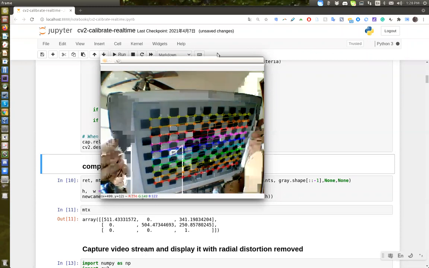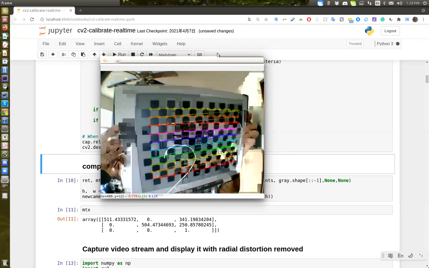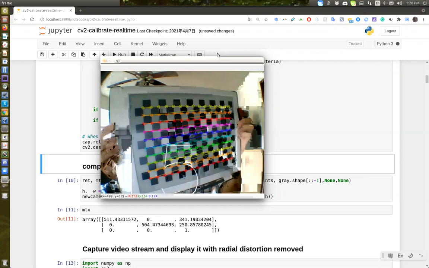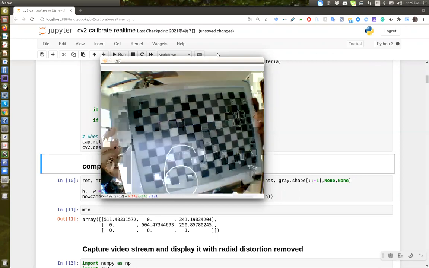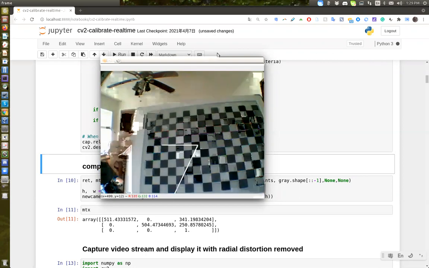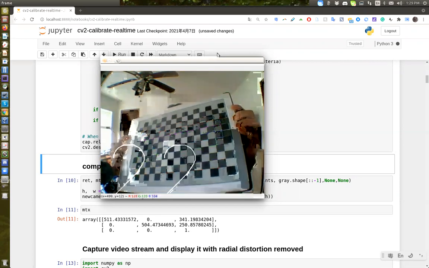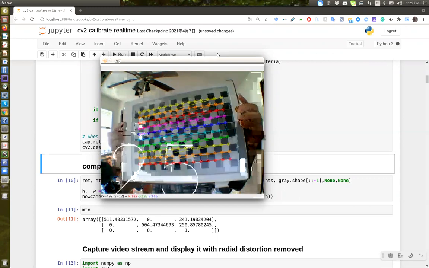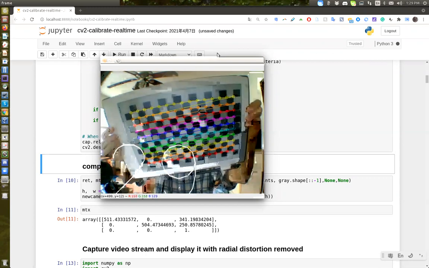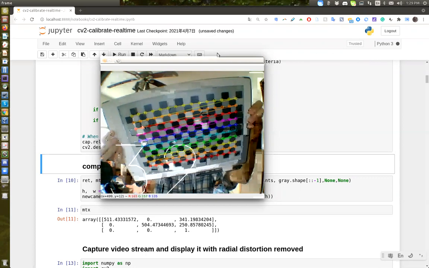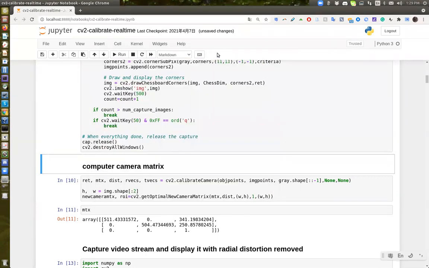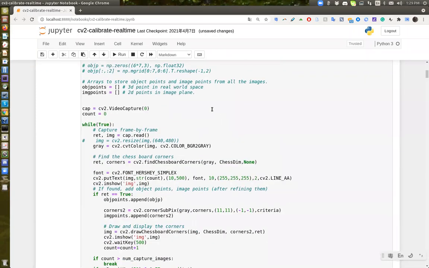Basically what it's doing is trying to find the points on the chessboard here. There's an OpenCV command to find the chessboard grid, and find all the points on the chessboard grid, and then find them on the screen.